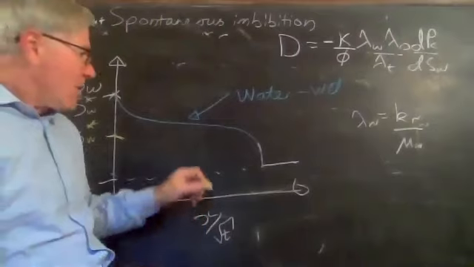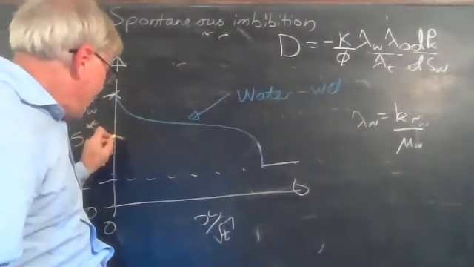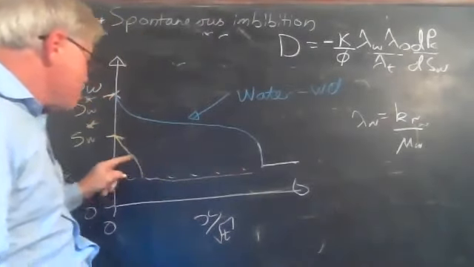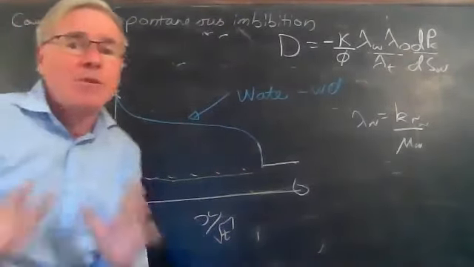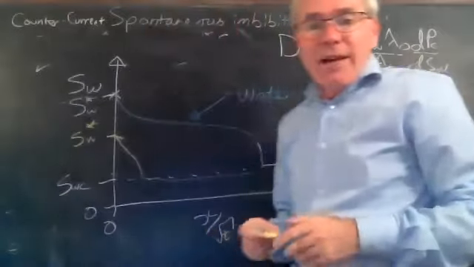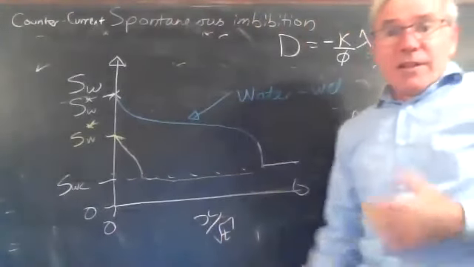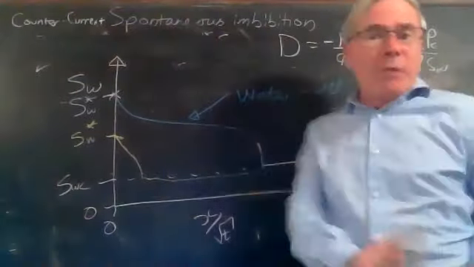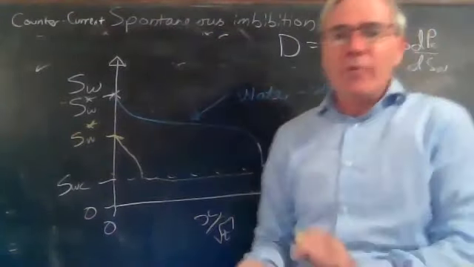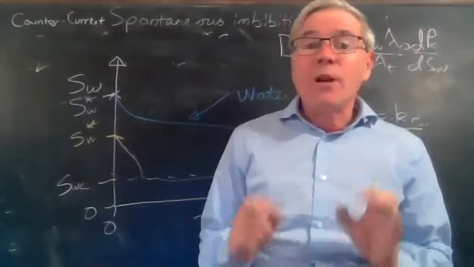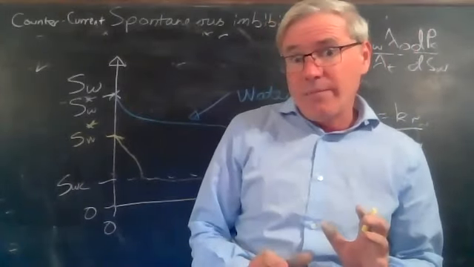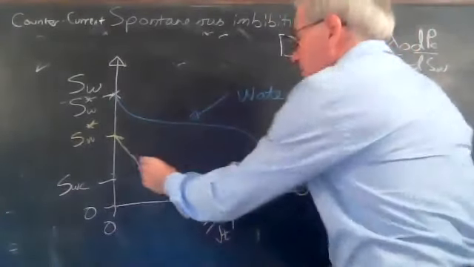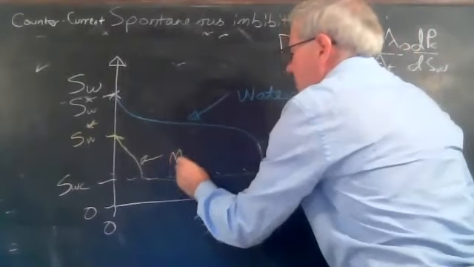So in a mixed wet rock, this can have a shape that makes sense, but is much, much slower. You can have imbibition times that aren't slightly slower, 30% or something. Ooh, that looks big. No, not even 10 times slower, but thousands of times slower. And it's because the water mobility is so low. So this was a typical mixed.